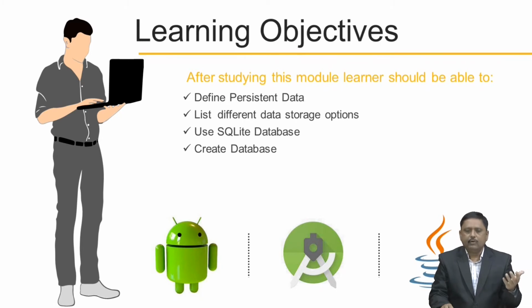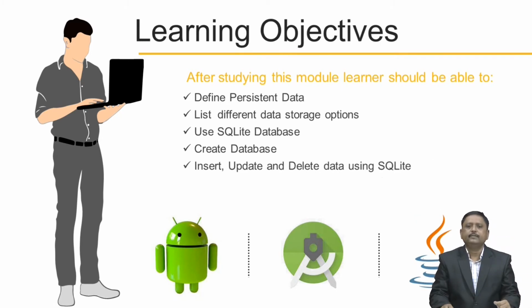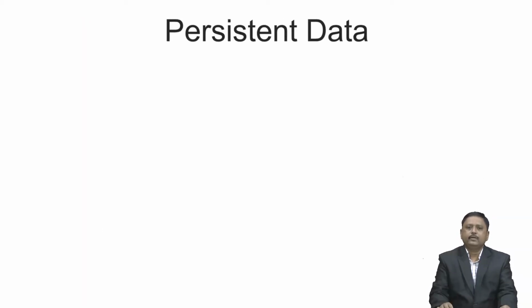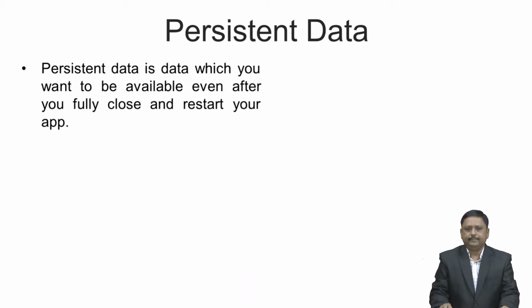You will learn how to create database, how to insert, update, delete and retrieve data using SQLite database, and at the end we will learn about shared preferences. So, let us start with persistent data.